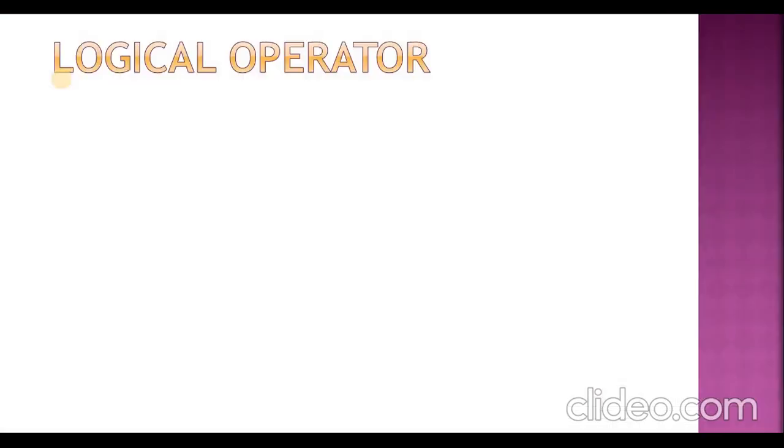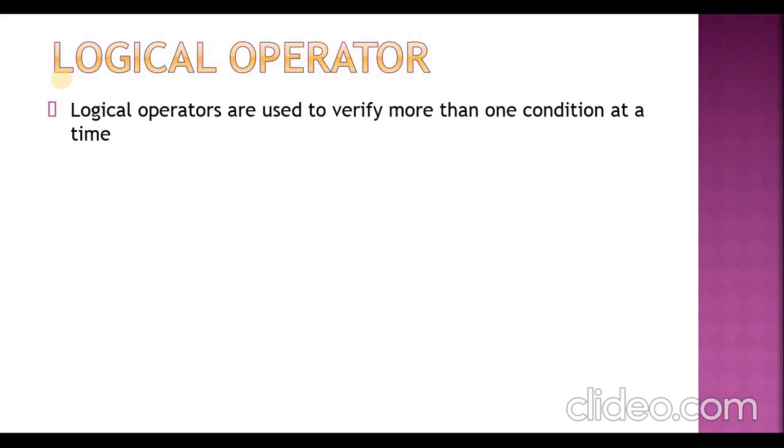The next type of operators that we have to understand are logical operators. Logical operators are also binary operators. That means they operate on two operands. Logical operators are used to verify more than one condition at a time.